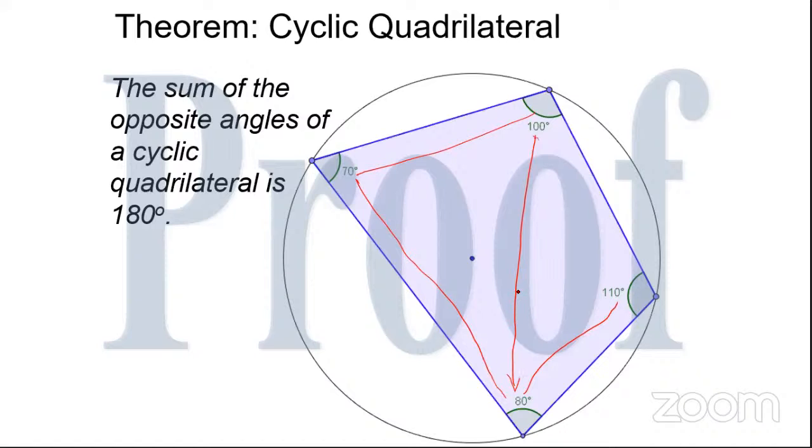They are supplementary. In some textbooks, you see it as the opposite angles of a cyclic quadrilateral are supplementary, meaning they add up to give you 180 degrees. You can see another opposite, 110 and 170, they are opposite. When they add up, it will give you 180.